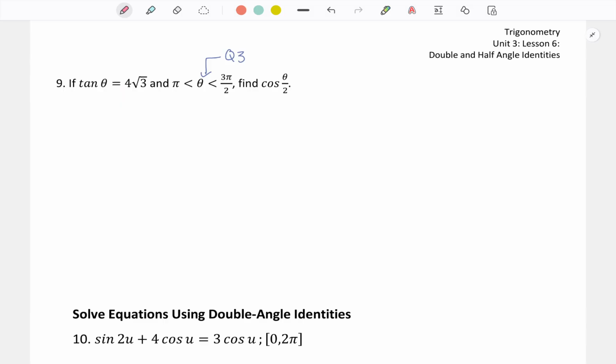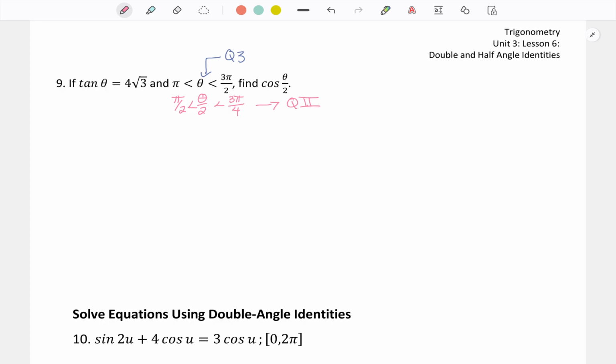So what's going to happen here? So let's look. We've got pi. We're going to divide that by 2 because we're going to have theta over 2. And so this is going to become pi over 2. So this is the low end. And then we've got 3 pi over 2, which becomes 3 pi over 4. Both of these angles land in quadrant 2. So that is how cutting those angles in half definitely lets us know what's going to happen.